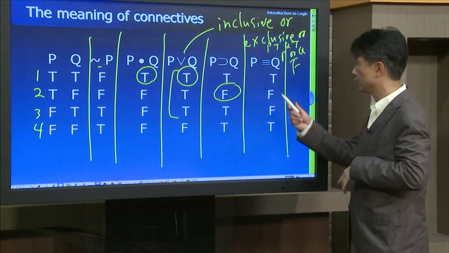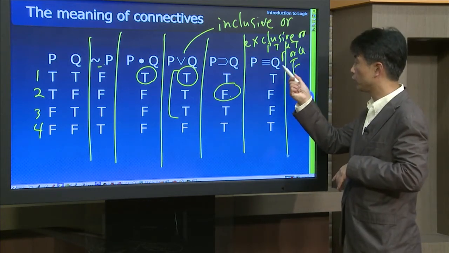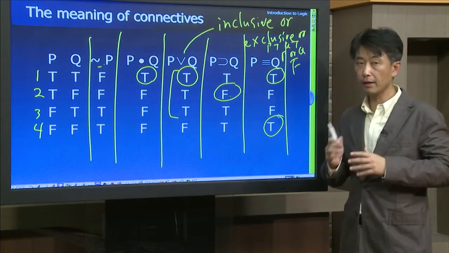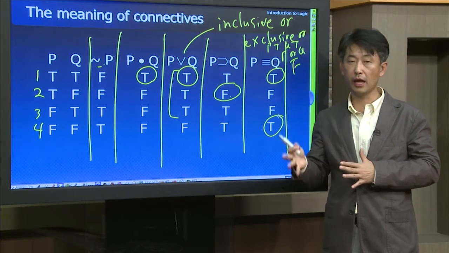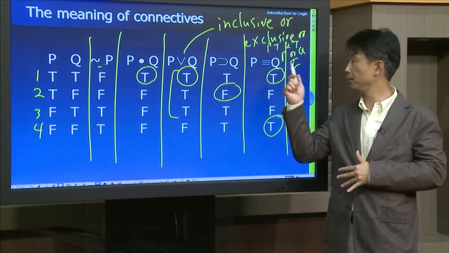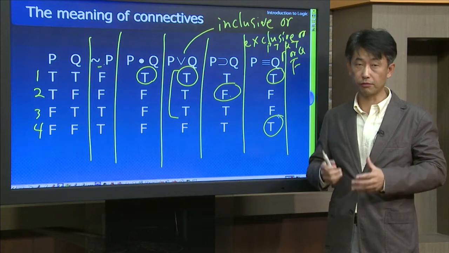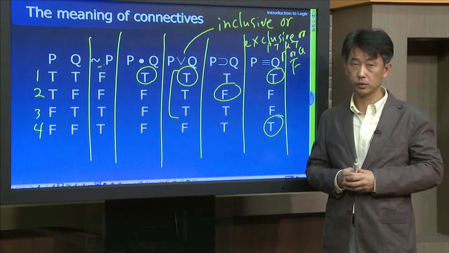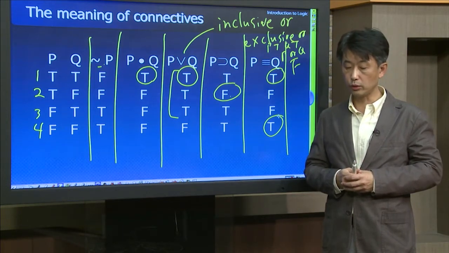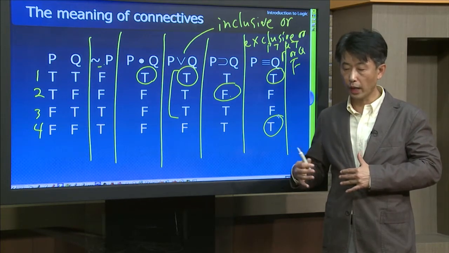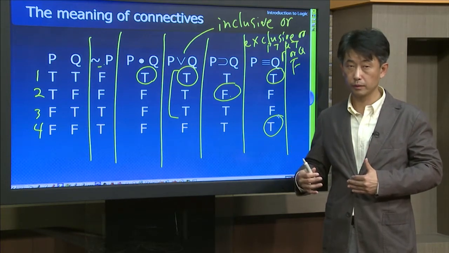In that case, P triple bar Q is true. When they have different truth values, like TF or FT, P if and only if Q is false. So when you say P if and only if Q, P and Q have the same truth value.